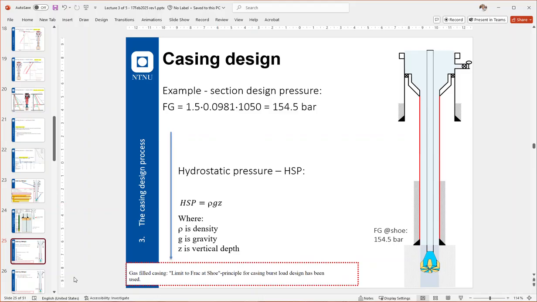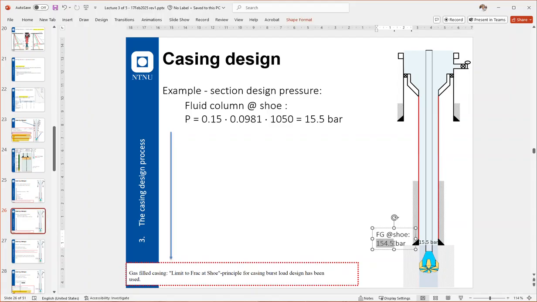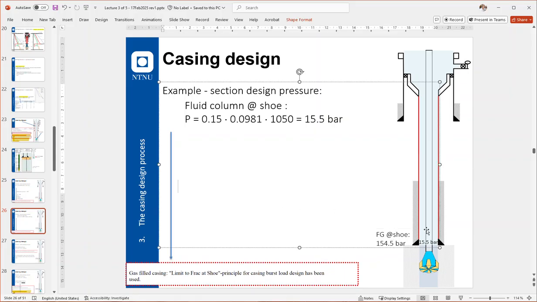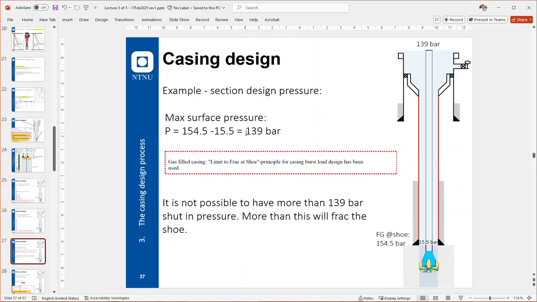What we need to do is subtract the weight of the column of the gas, correct for it, so it's 15.5 bar. So the fracture pressure is 154.5 bars, and the wellhead pressure would be that subtracted by 15.4.